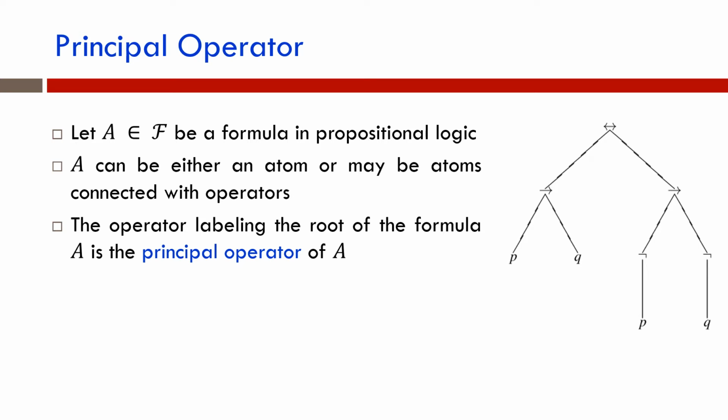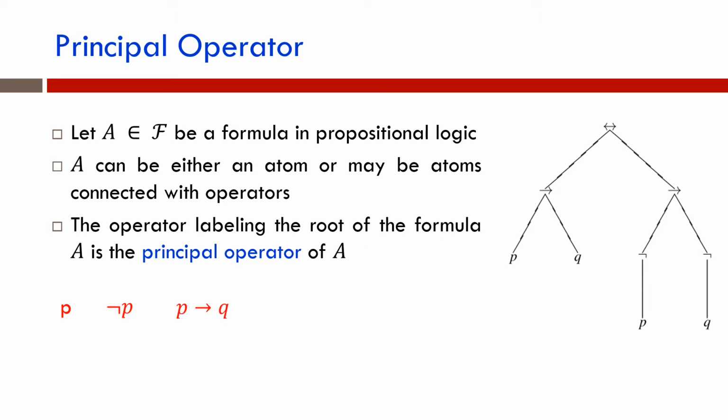Now, our formula A can be either an atom, like you may have P as a formula, or it will be atoms which are connected with operators, like say negation P is another formula in propositional logic, where we have an atom P and a negation operator.